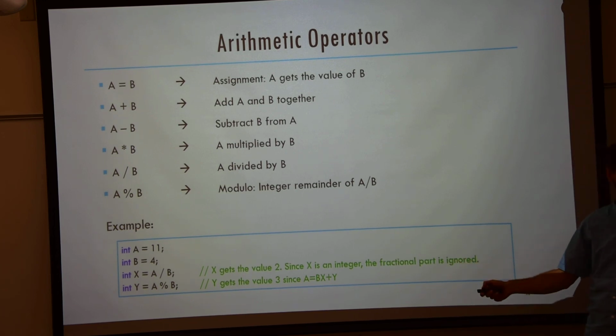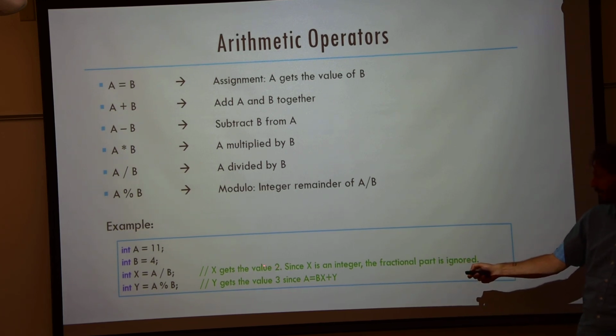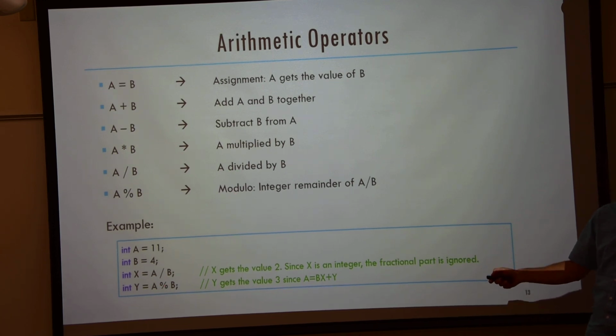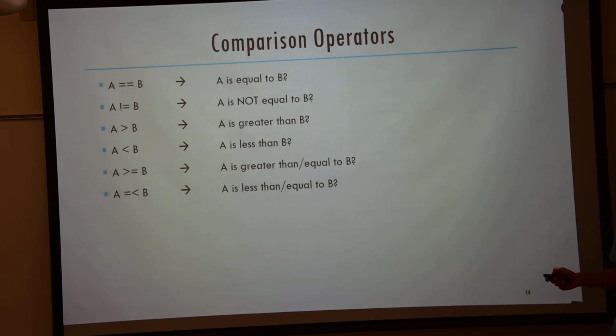There's a remainder. 2 times 4 is 8, and the remainder is 3, and that remainder is computed over here. So that is what it means to do the modulo arithmetic. Now, it's sometimes helpful to shorten some code, so you may want to know what's going on here. Comparison operators. You can also compare, like in an if then else statement.